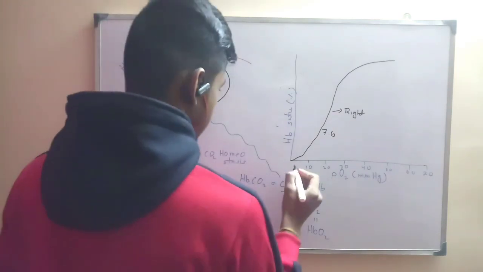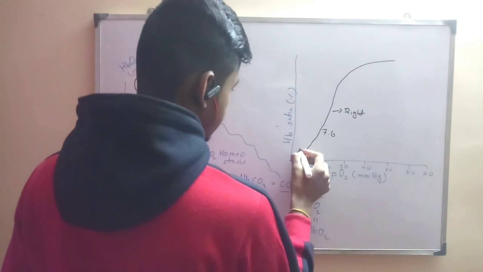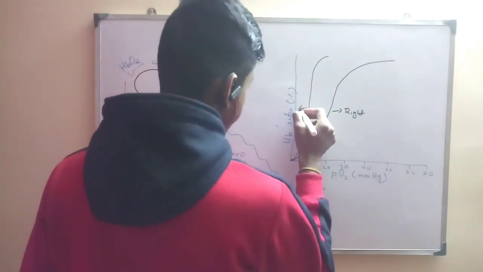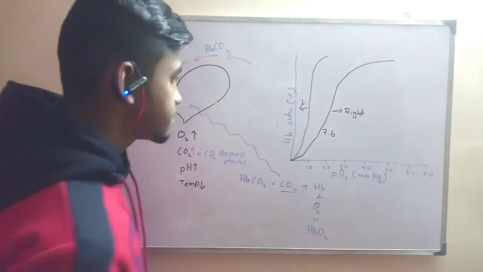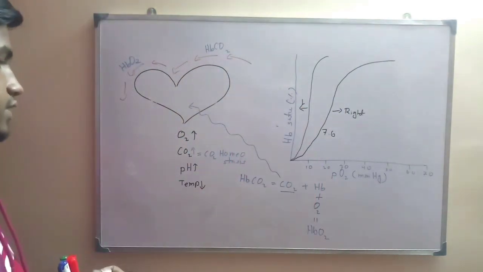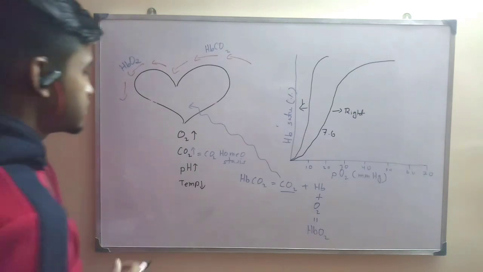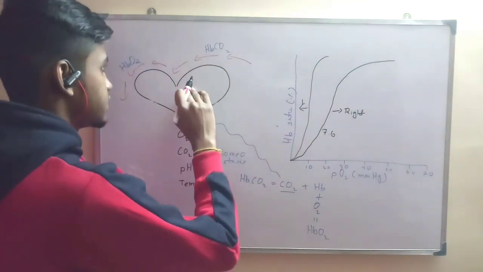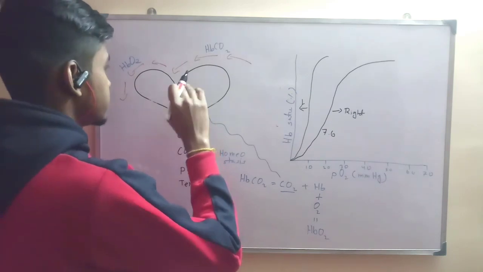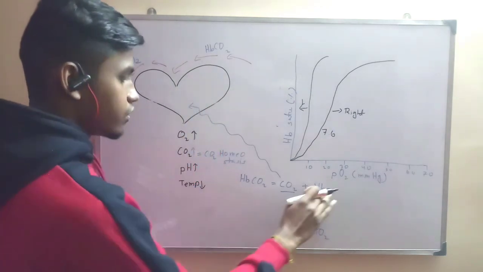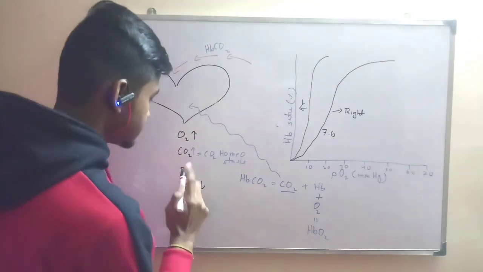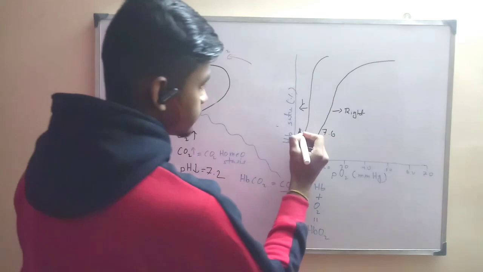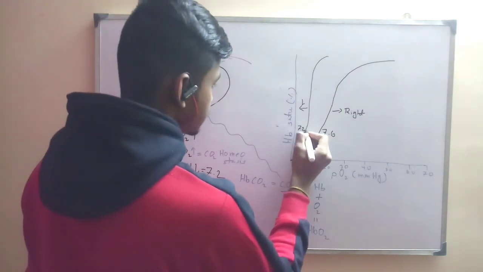So the graph will be shifted to the left side. And what will be the pH? In this case the pH will be low, because as the CO2 is entering into the heart and the O2 is being picked up by the hemoglobin, the pH becomes low. It will be 7.2.